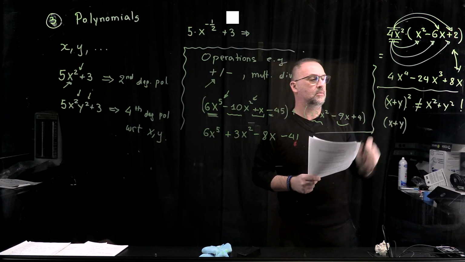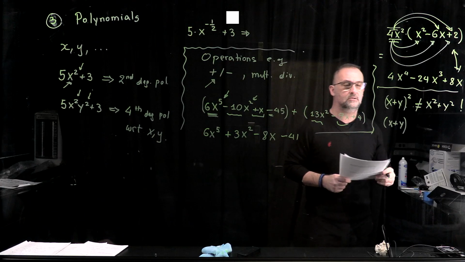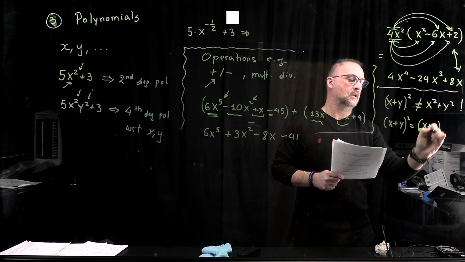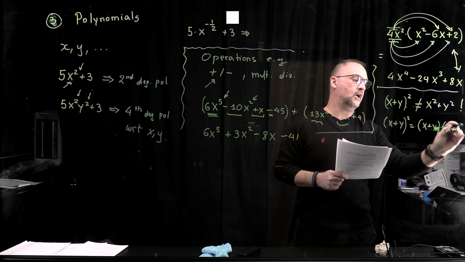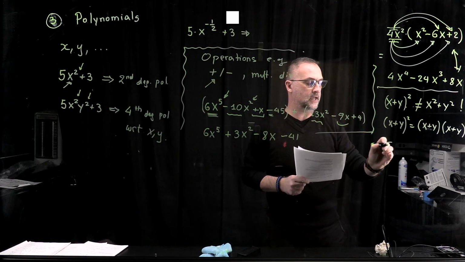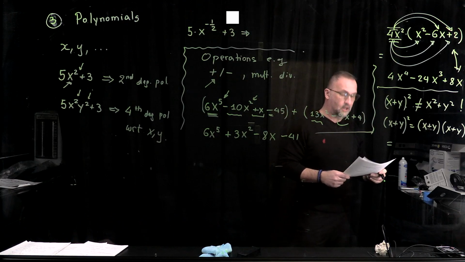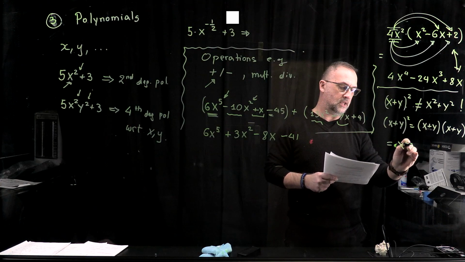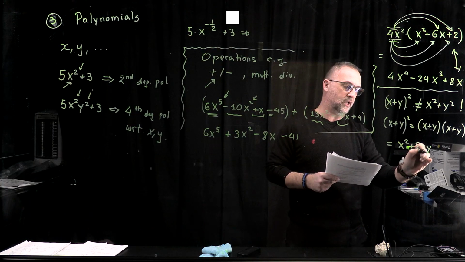Essentially, x plus y all raised to the power of 2 is equal to x plus y times x plus y. And again, you're going to do the distributive law and end up with x squared plus 2x times y plus y squared.